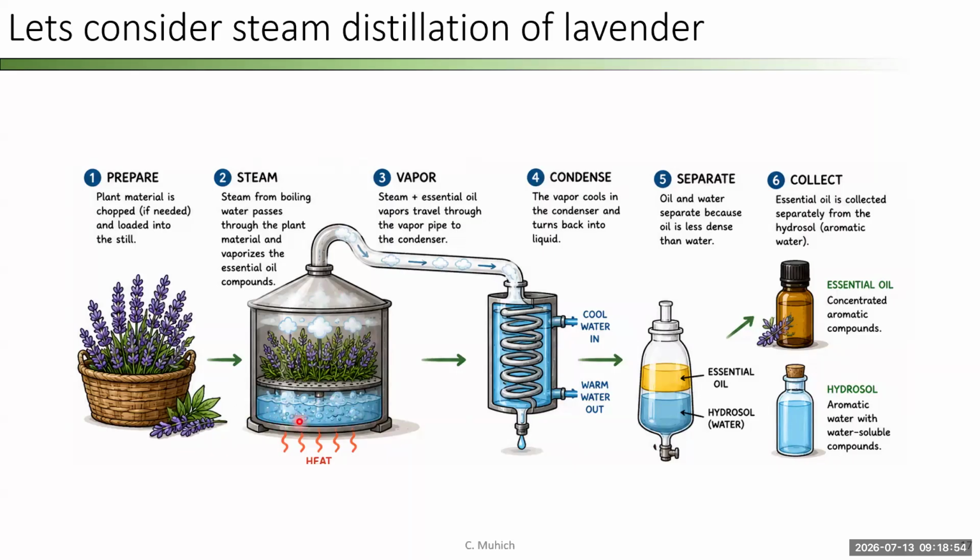That water vaporizes. It comes up. It heats up the lavender. The lavender parts vaporize. We come up. We cool the vapor down, and we then collect our essential oils and our hydrosol.